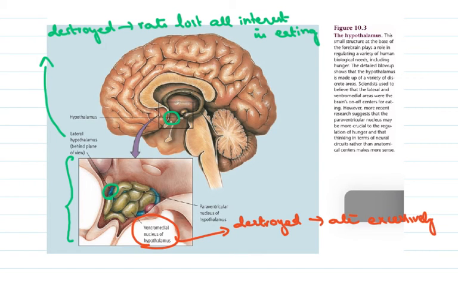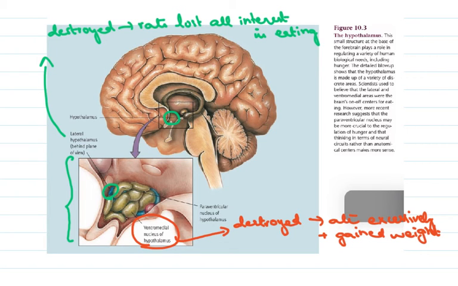It was as if they were no longer told by the brain when their stomachs were full. The brain could no longer give them signals that they were full, and they kept eating and eating and eating.